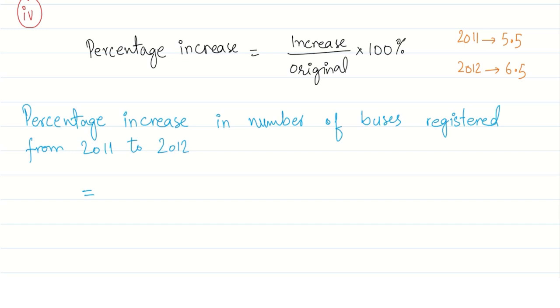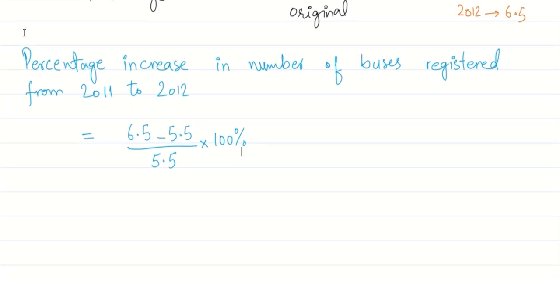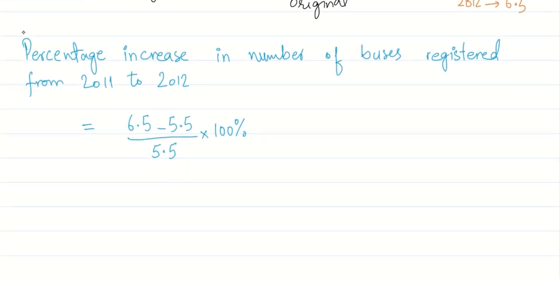So the percentage increase will be equal to the change, which is 6.5 minus 5.5, divided by 5.5, times 100%, and this will give us the percentage increase in these 2 years.